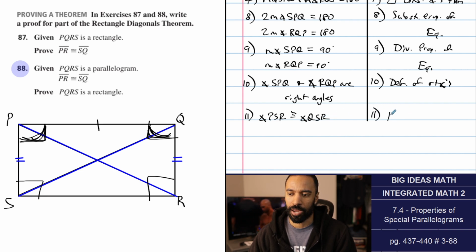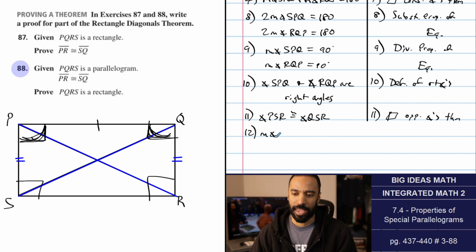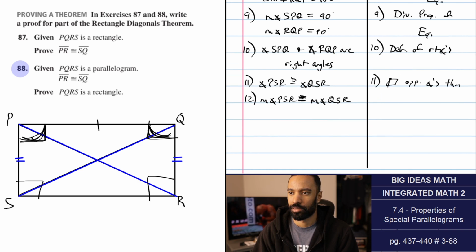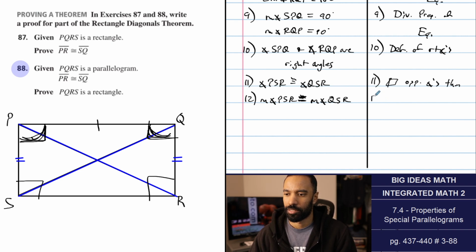That's the parallelogram opposite angles theorem. Measure of angle PSR is equal to measure of angle QSR. And that's definition of congruence. See, this is a lot, man.